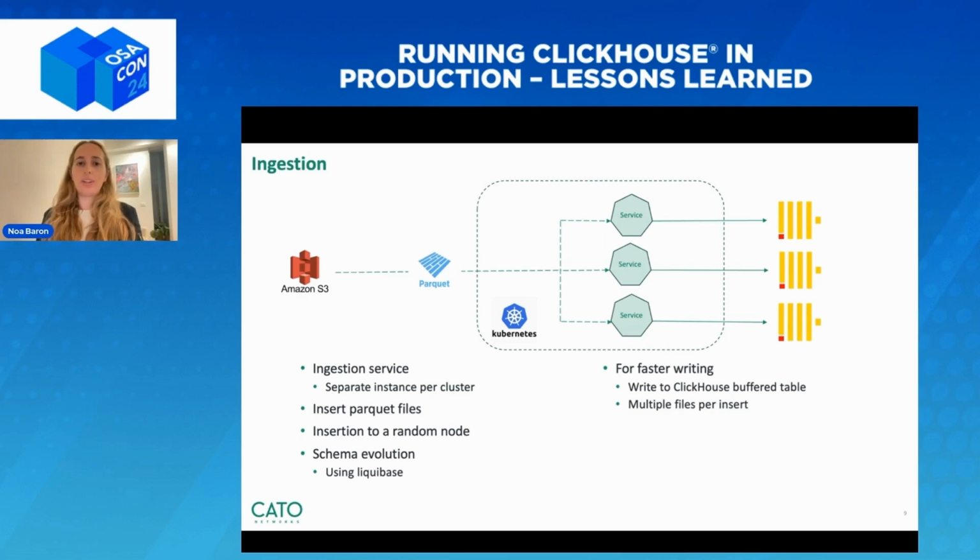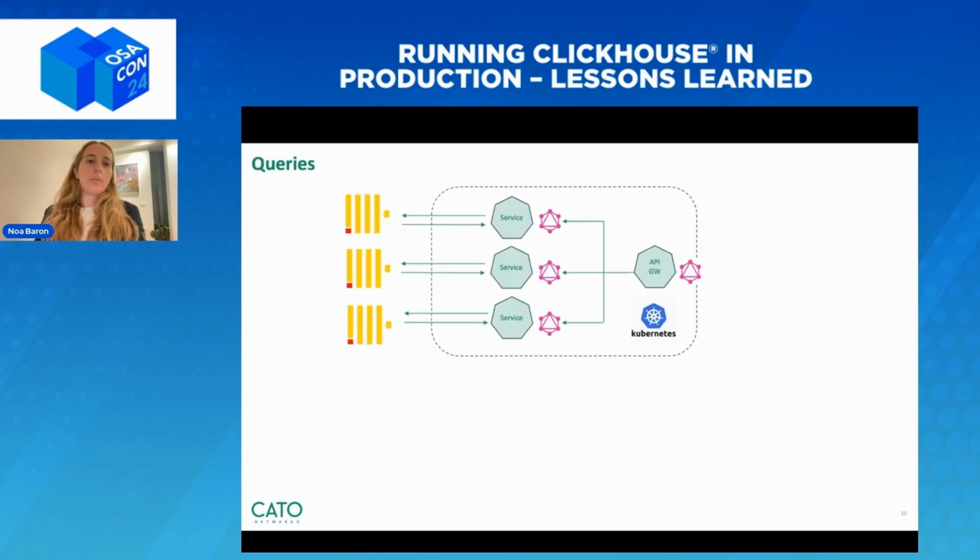Okay, in terms of queries, we have another service on our Kubernetes cluster. It's a query engine that we developed over ClickHouse. The service has a GraphQL API, so it basically translates GraphQL queries into SQL.